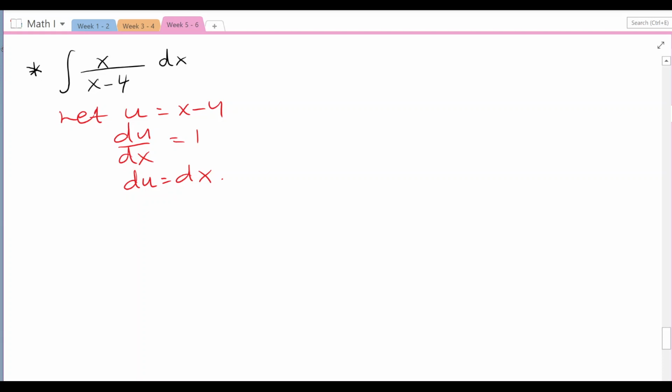Notice here we only have u equals x minus 4, which you can convert to x equals u plus 4 by simple rearrangement. So du itself equals dx, therefore the integrand can be converted with x as u plus 4, x minus 4 equals u, and dx equals du.